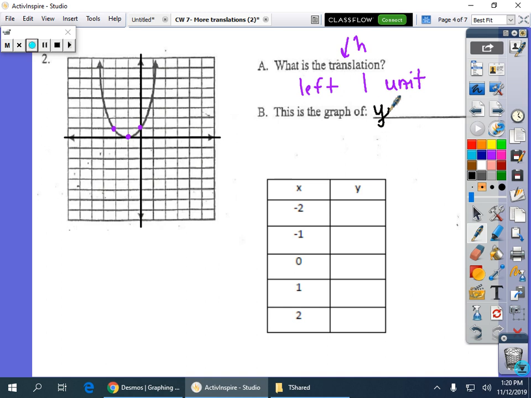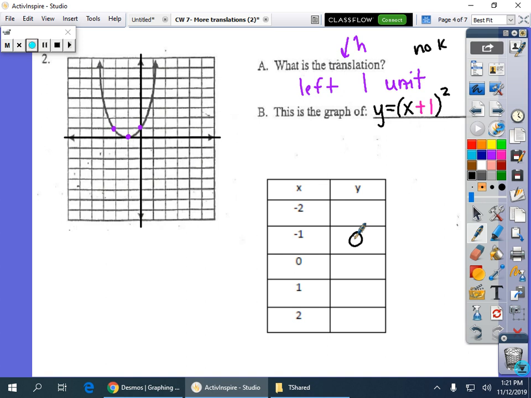So if I write my equation, y equals x, it moved left 1, so that's minus 1, but it's really minus negative 1, which means that it should be x plus 1 squared. And there is no k here because it doesn't move up or down. So that vertex here is actually at negative 1, 0.